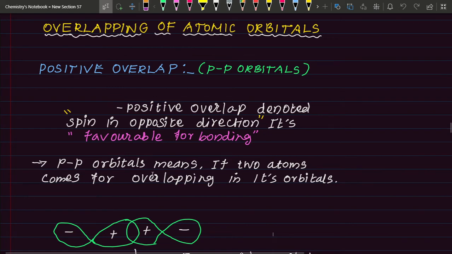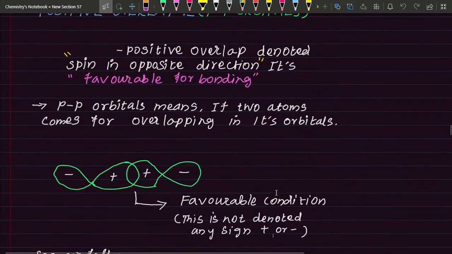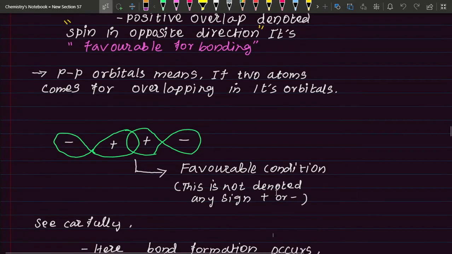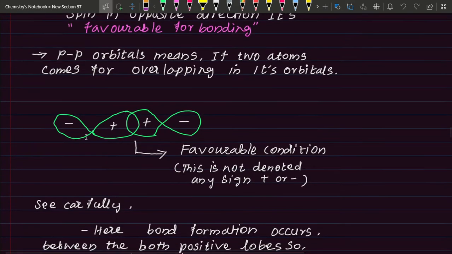Orbitals means if 2 atoms come for overlapping their orbitals. See below the diagram. This is the 2 orbitals. For example, 2 hydrogen atoms: this 1 hydrogen atom orbital and this 1 hydrogen atom orbital combine together.